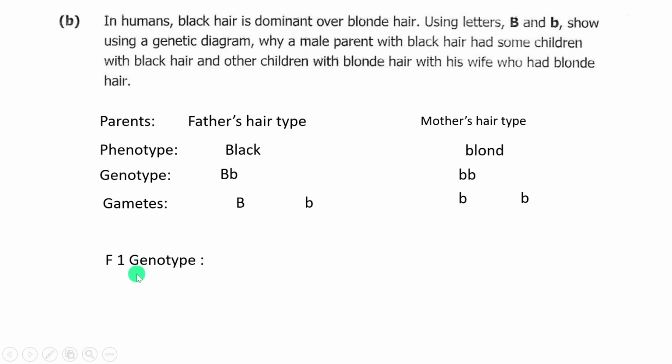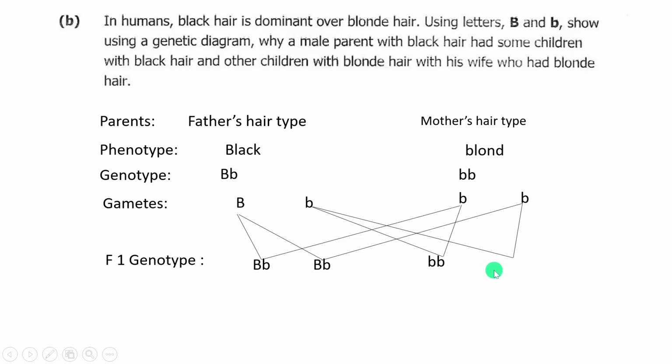F1 stands for the first filial generation of the children. If this crosses with the b here, you have the combination of capital B and small letter b. If this also combines with that, still we have a capital B and small letter b combination. If this combines with this, you have both small letter b, and if this combines with that, still you have small letter bb.